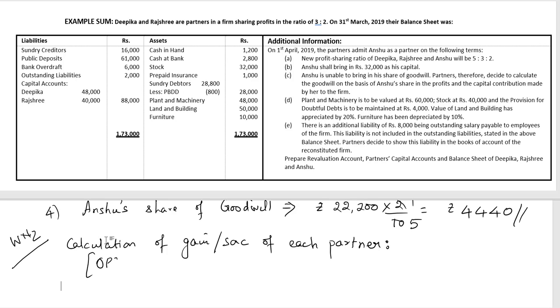OPSR between Deepika and Rajshri is given as 3:2, and the new profit sharing ratio between Deepika, Rajshri and Anshu is given as 5:3:2.